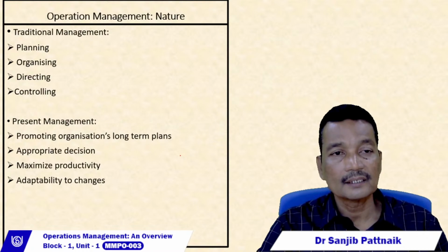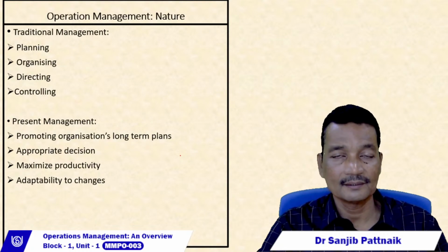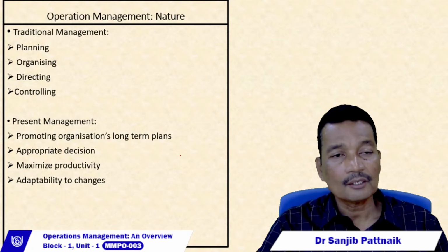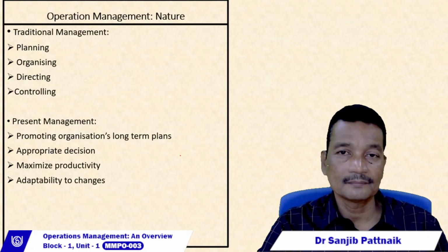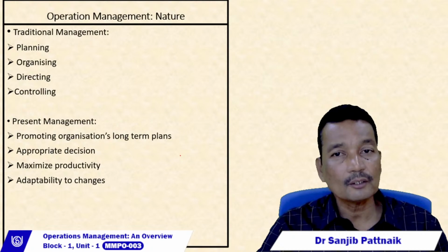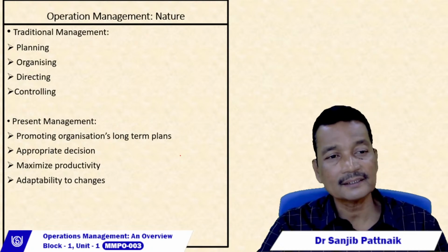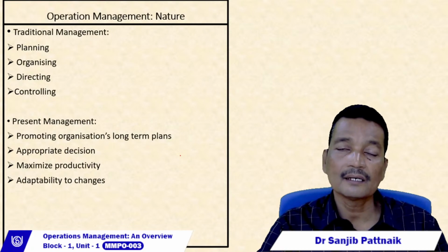Let us look at the nature of operation management. Now, under traditional management, we also define management as planning, organizing, directing, and controlling to get things done.